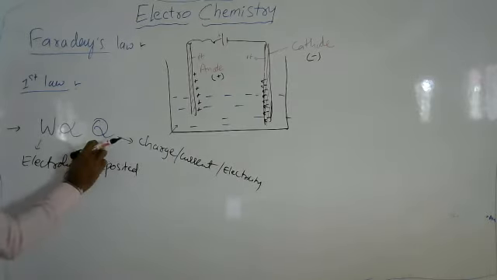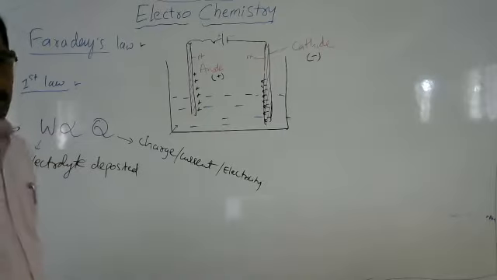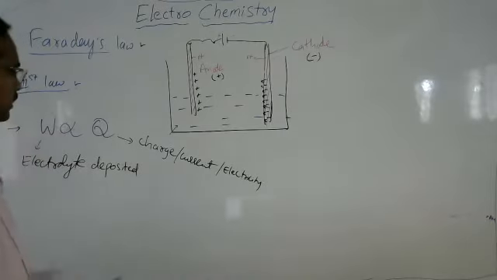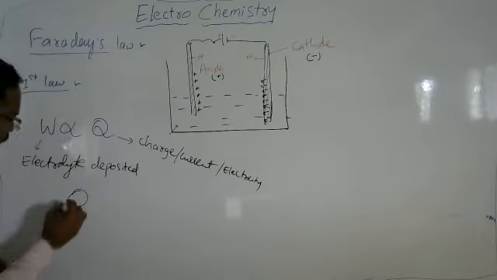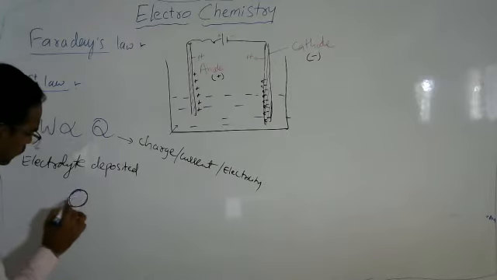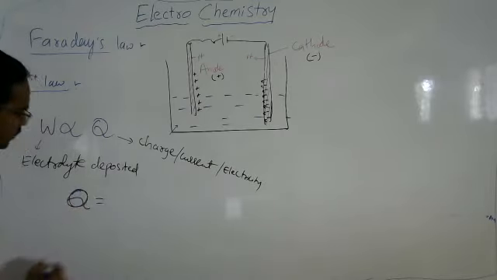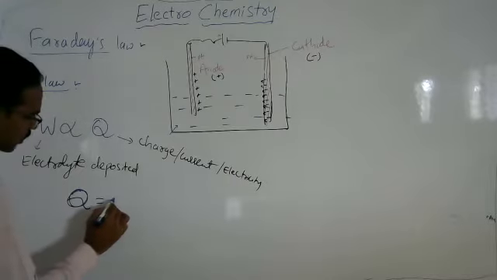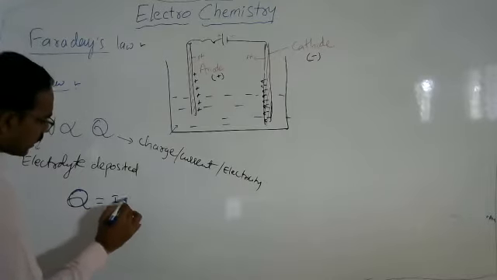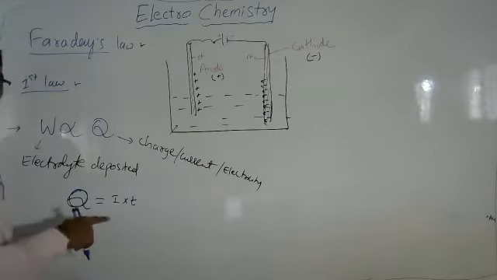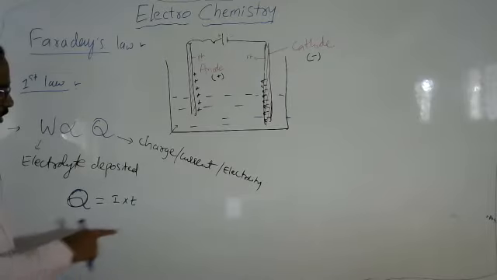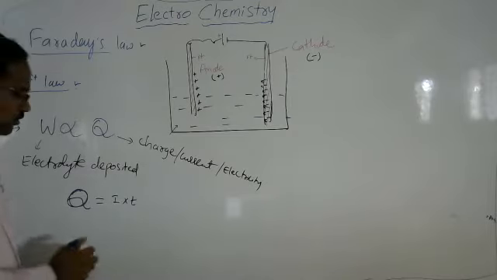Next, we have to know what is charge and how to calculate the charge. The formula comes in physics also: charge Q equals current into time, I into T. I is current in ampere, T is the time in second.